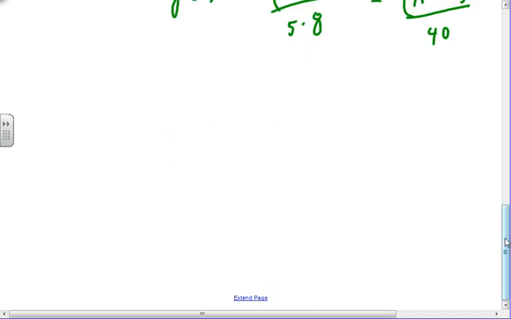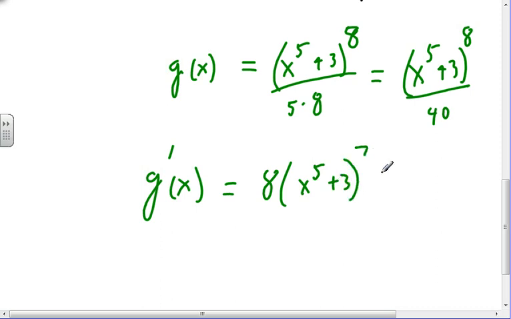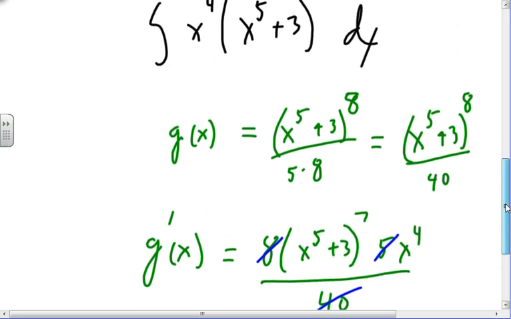Now I'm going to take the derivative of my guess and see what it is. I'm going to have 8 times x to the 5th plus 3 raised to the 7th, times 5x to the 4th, divided by 40. The 8 goes away, the 5 goes away, the 40 goes away, and I have x to the 4th. I have exactly what I'm looking for.